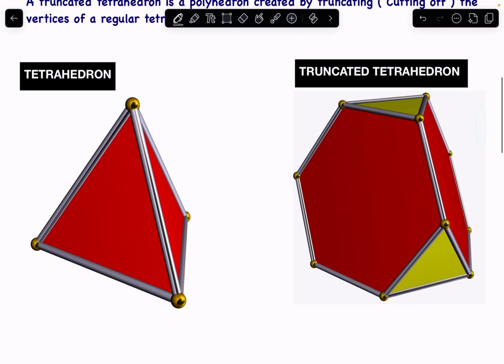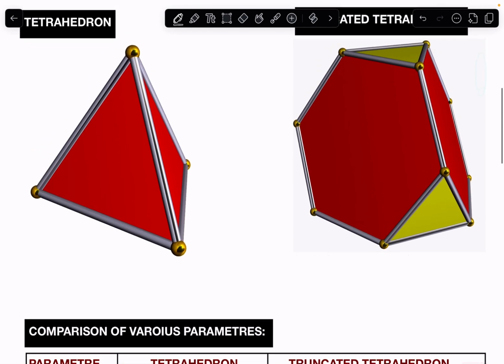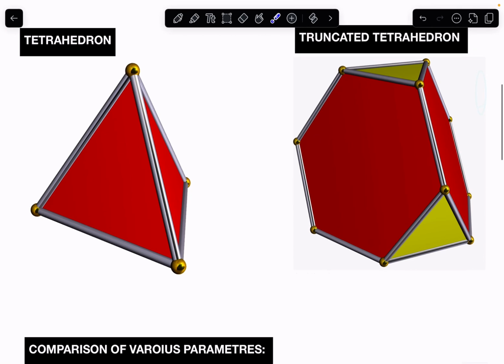So first let us take a regular tetrahedron, and in this picture you can see a regular tetrahedron which has totally four corners. You can see here, this is the first one, this is the second one, this is the third one, and this is the fourth one.